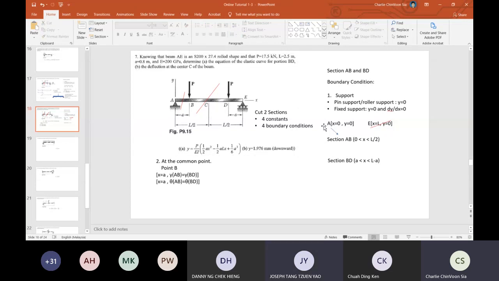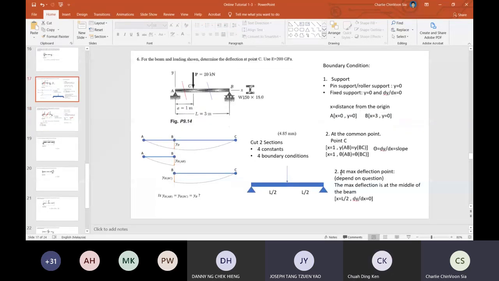So in total, how many boundary conditions do we have here? Not 4, because this one is out already, right? The boundary condition at point E cannot be applied, because it's not in the range. So the valid boundary conditions we have here are 3 in total, right? So 3 in total.